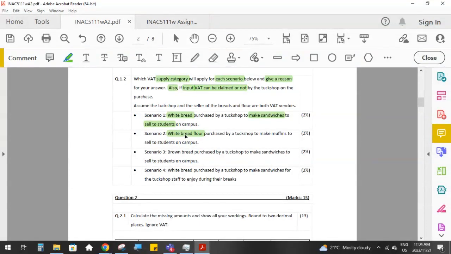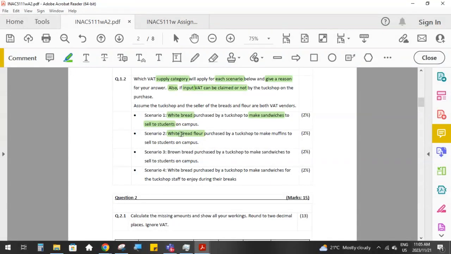So you needed to go and do some research, which I said in the question. White bread, which is a finished processed product, is not the same thing as flour, which is basically a raw material that we use to make bread and cake and muffins, etc. out of.